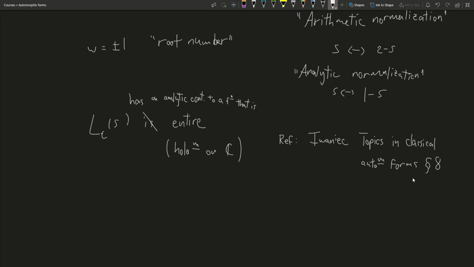That'll give you maybe a more to the point exposition of all these things, with a view of being useful for manipulating modular forms.